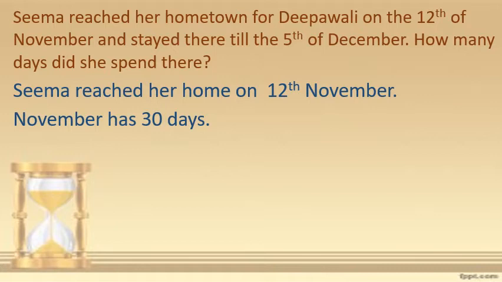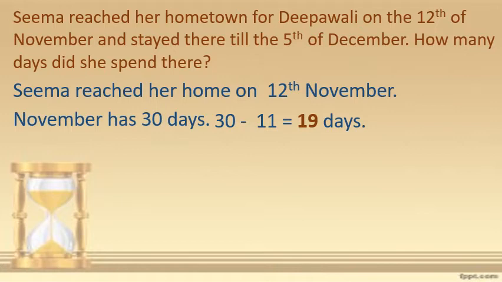So we will minus 30 minus 11. Why 11? Because on 12th November she reached her home. So we will minus 11 days of November from the total days. Means she stayed at her home for 19 days. Isn't it? 19 days of November.